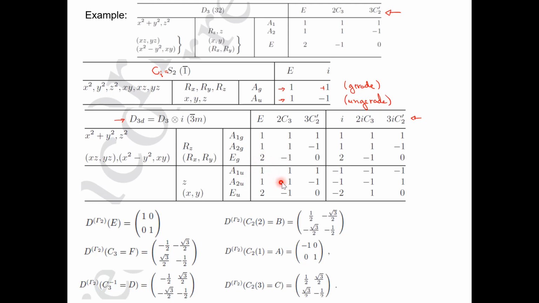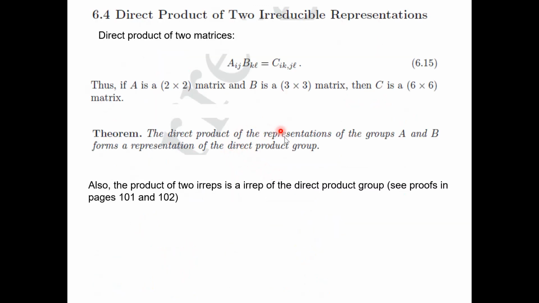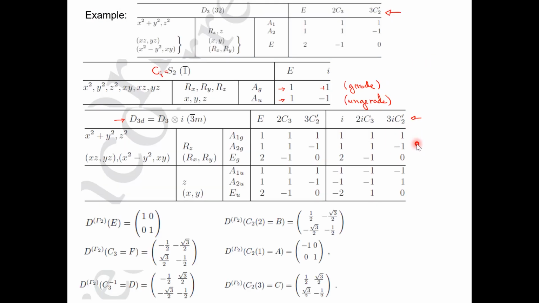Okay. So let's apply this result that I have discussed before and see how one could construct the matrices, the representations of the product group D3D, starting from the representations of D3 and the inversion group.